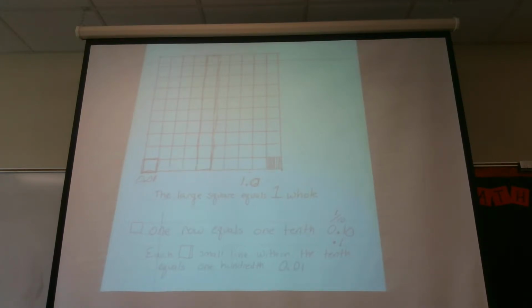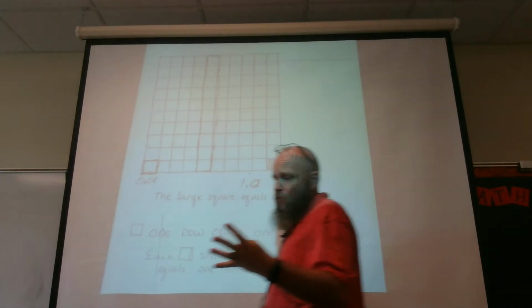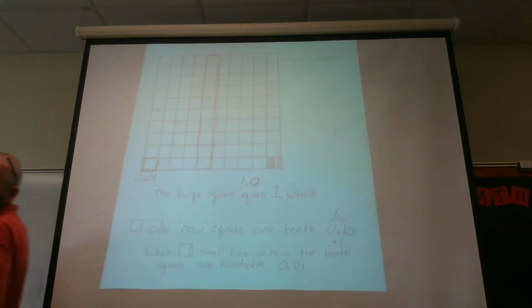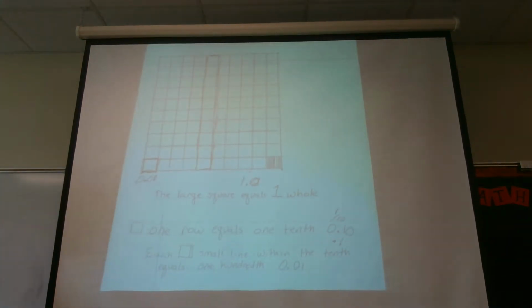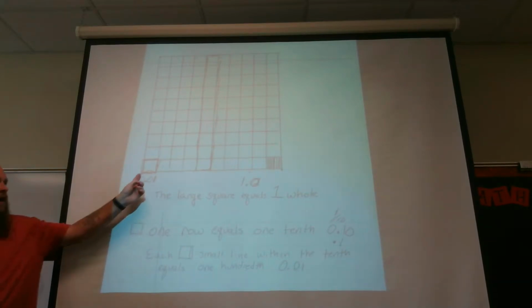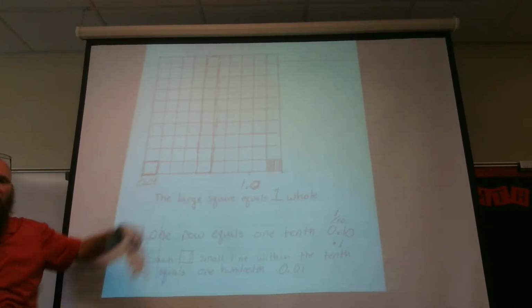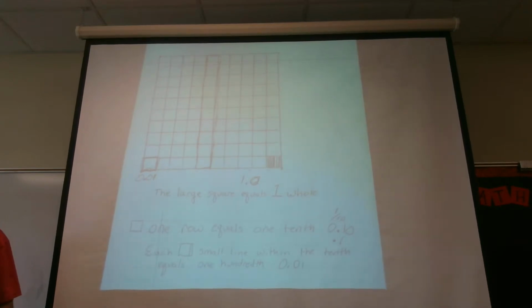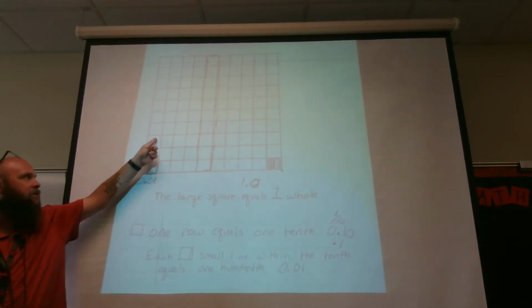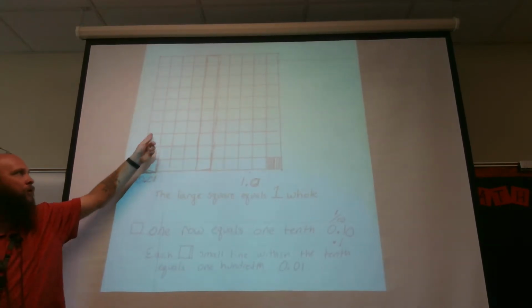How would I make 400ths? Mr. Leverett, if this is 100th, how would I make 400ths? Fill in 4 squares. 4 of these, 1, 2, 3, 4.